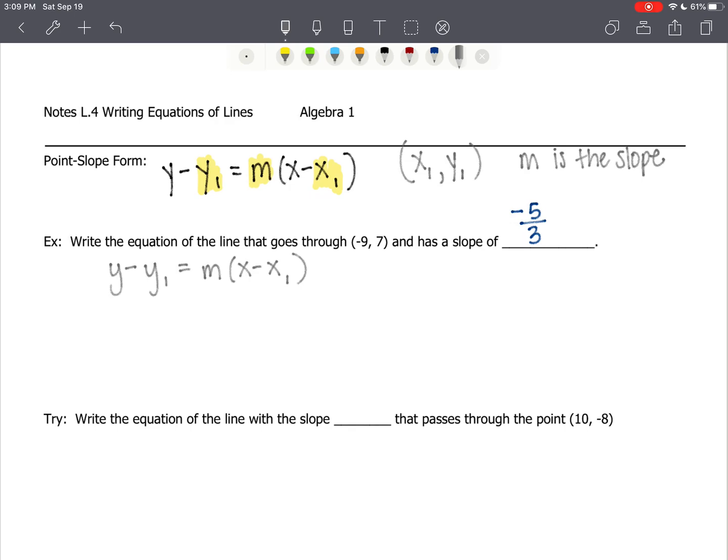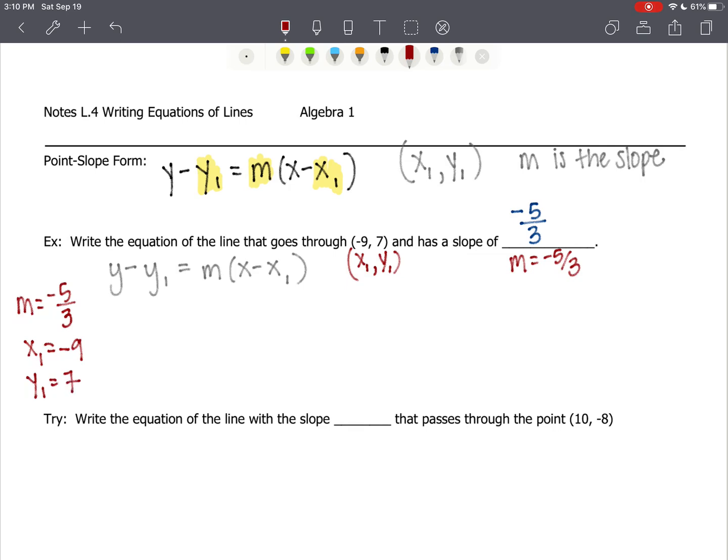So first I'm going to list my points. This is x1, y1, and then my slope is -5/3. So I'm going to list all my known values off to the side. M equals -5/3, and then x1 is equal to -9, and y1 is equal to 7.